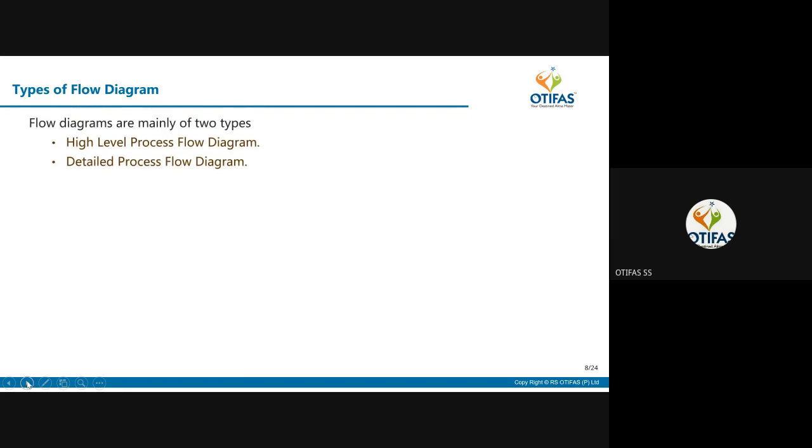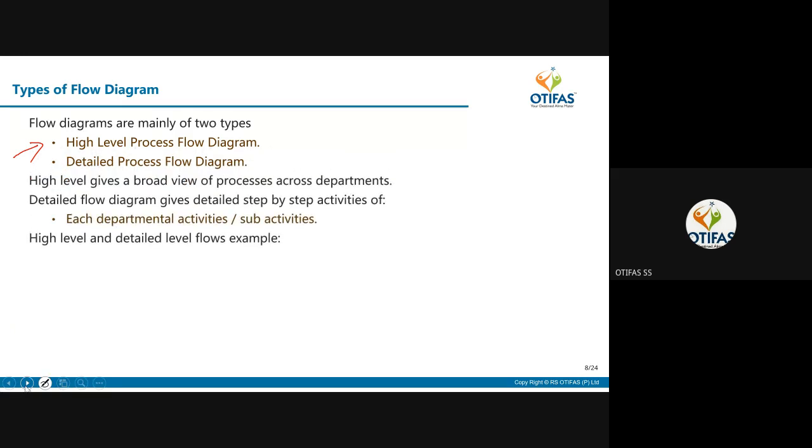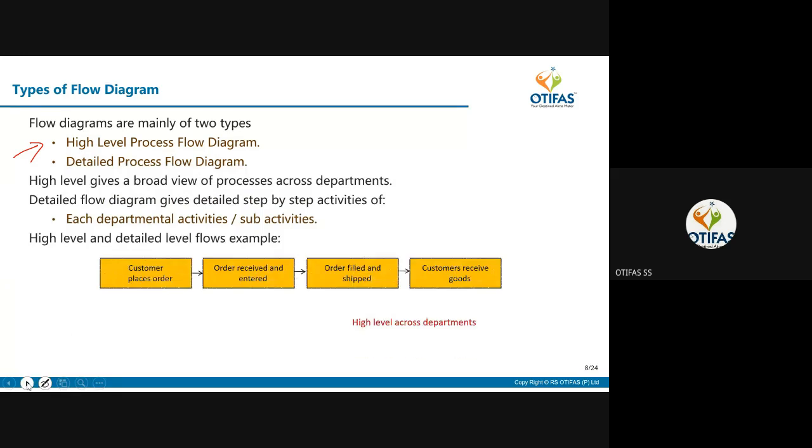There are two types of flow diagrams. One is high level, and when you make a SIPOC in the define phase, you are not going to make a detailed process, just a high level process, and then you have the detailed process. This is how a high level looks like.